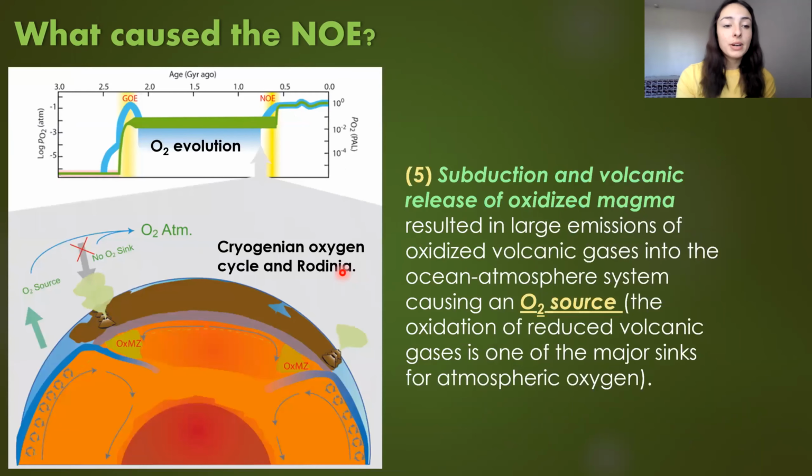We can see it at an even better angle here, where we've cut the Earth in half and we have Rodinia supercontinent here in brown and all of these subduction zones surrounding the continent, and this is causing the emission of oxidized volcanic gases into the ocean atmosphere system, causing an oxygen source rather than an oxygen sink, which is what normally results from volcanic emissions. So this likely compounded the oxidation effect that was occurring during this time because there was no oxygen sink to regulate oxygen in the atmosphere, so it just kept building up.